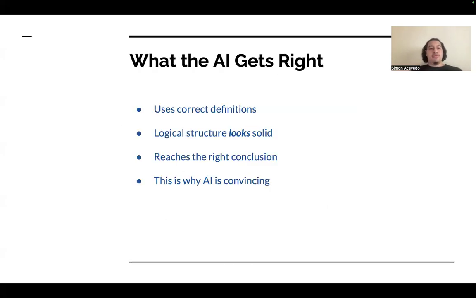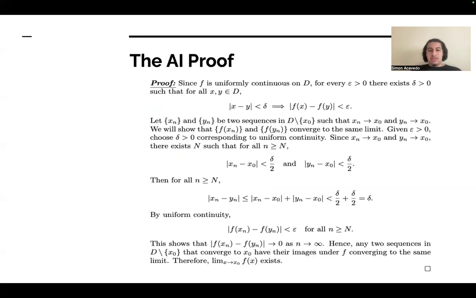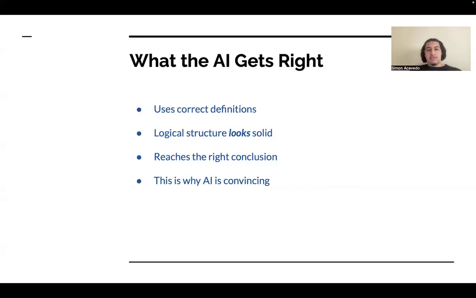So what the AI proof gets right: it uses correct definitions. The logical structure looks solid and it reaches the right conclusion, which is why AI is convincing, right? If you look at this proof, you say, well, it looks correct. However, it's the small subtleties that make the difference.